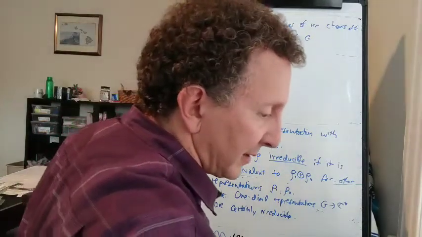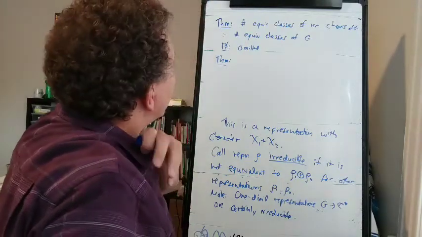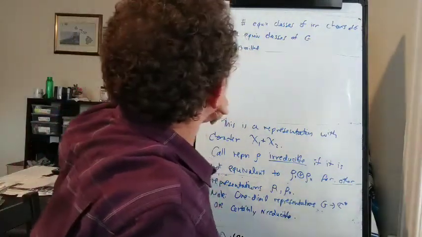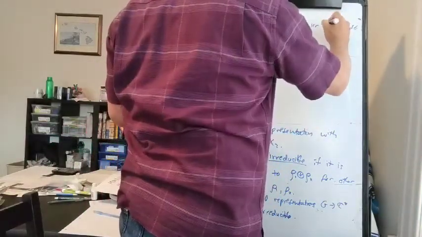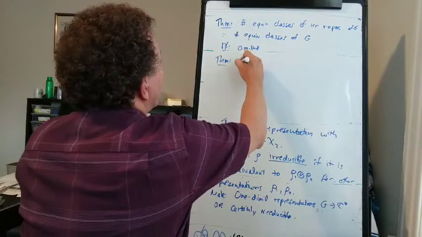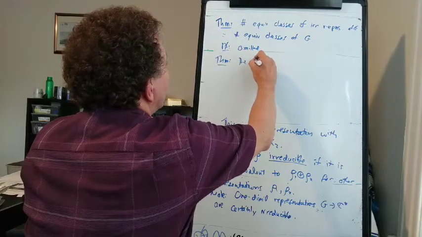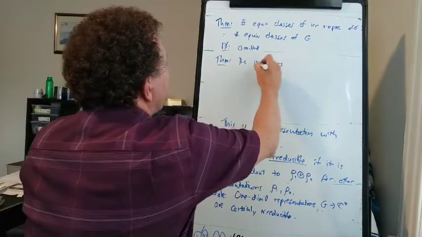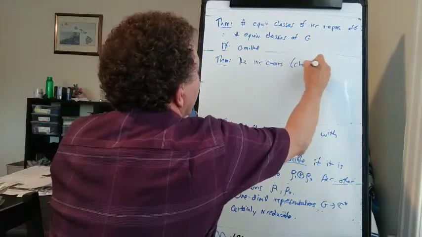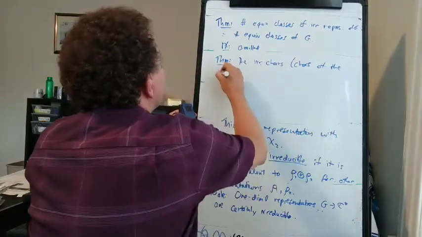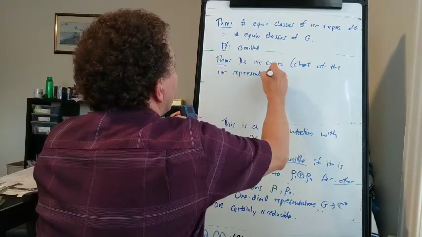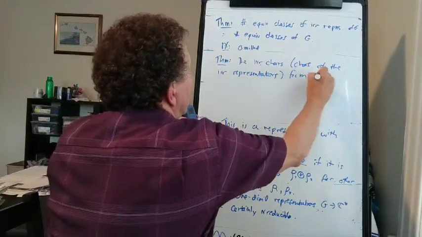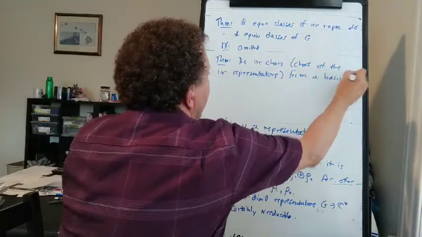Another theorem is that the irreducible, well, I guess I meant representations there. Characters are equal, the representations are equivalent. So the irreducible characters, that is, characters of the irreducible representations, form a basis of the trace space.